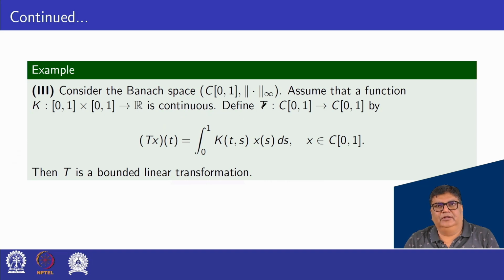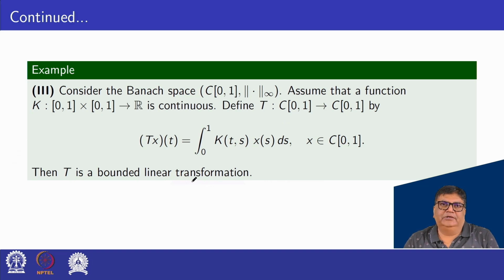Define the mapping T from C[0,1] to C[0,1] by (Tx)(t) equal to the integral from 0 to 1 of k(t,s), the kernel, times x(s) ds, where x is an element of C[0,1]. Then T is a bounded linear transformation.